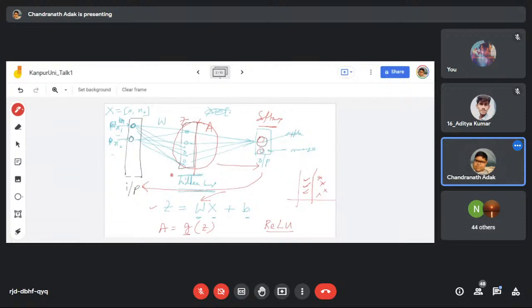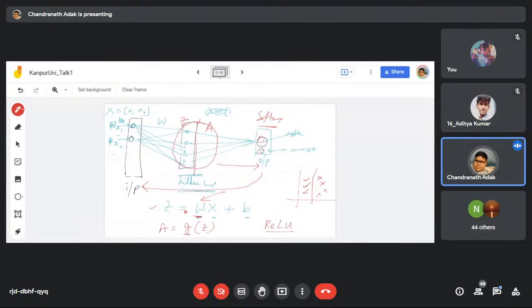In an ideal scenario, your loss should be zero, so actual minus predicted should be zero, but that is not possible in all cases. So you will feed this back, we will propagate this back, and here you need to optimize these learning parameters.